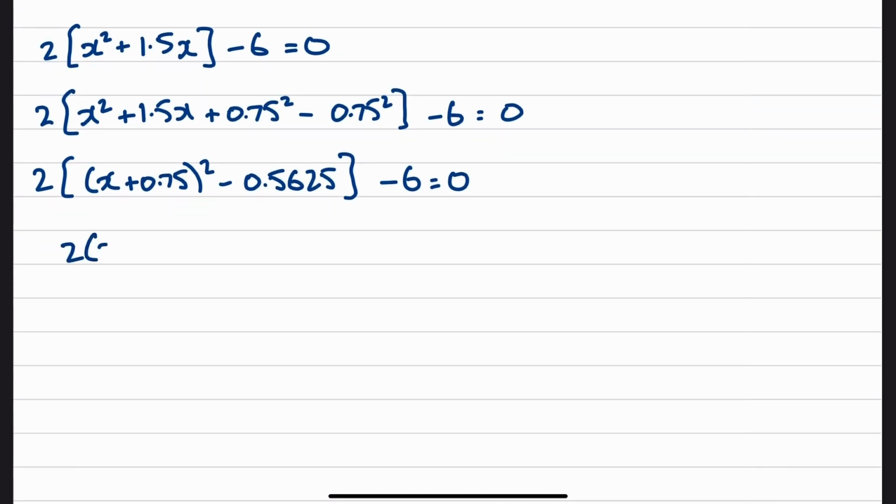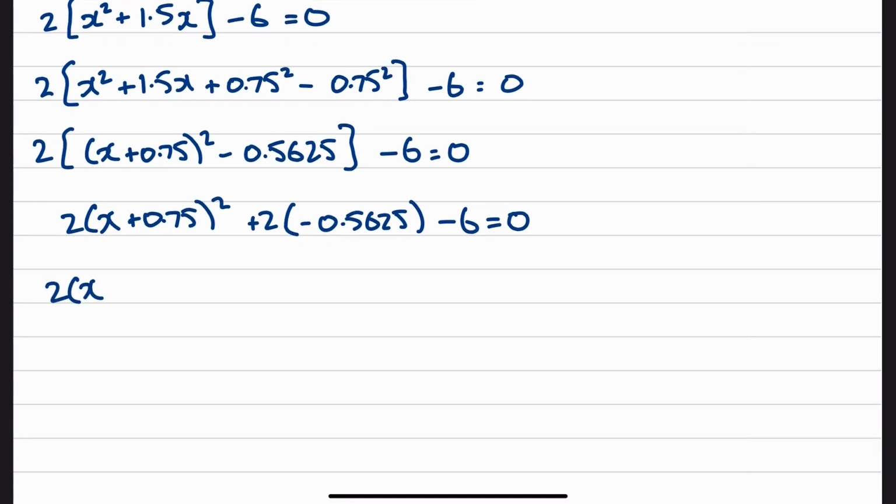So we write this as 2 times x plus 0.75 whole squared plus 2 times minus 0.5625 minus 6 equals 0. 2 times minus 0.5625 is minus 1.125, and minus 1.125 minus 6 should just be minus 7.125.